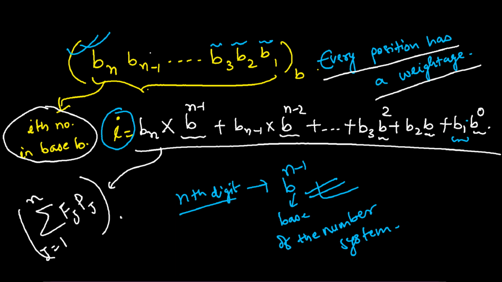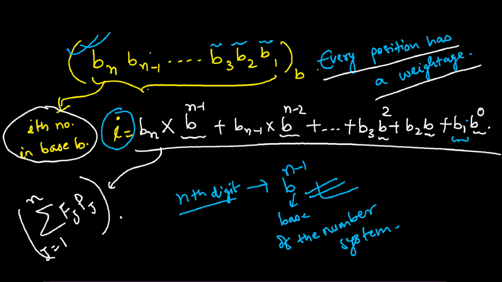And this video will be titled decimal equivalent of any number in any base. What we did previously is that if this is an n digit number in any base, and if this is the ith number in that base, we found out the value of I. Arbitrarily, we take an n digit number in any base, supposed to be the ith number in that base.